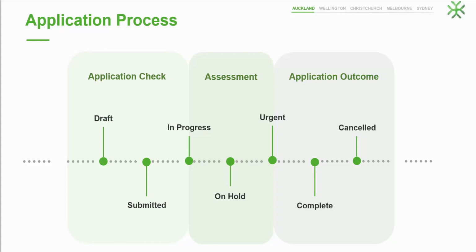Once they have confirmed they have all the information to give the application an outcome, they can continue into the application outcome stage, where they can either complete the application as being accepted, or cancel it as not being valid and unable to qualify. So it could be a positive or a negative application outcome, and that would be the final stage of this application.